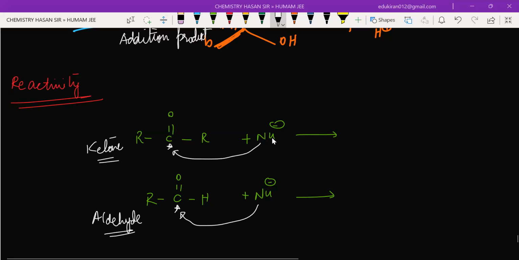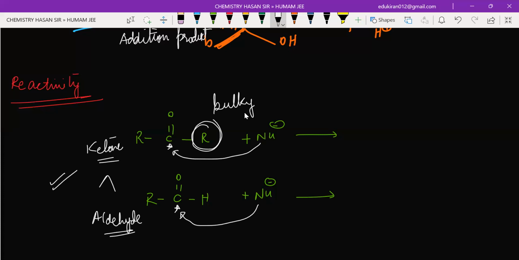So basically, your answer is correct. See, aldehyde will be more reactive than ketone. It is only because R is there, and R is a bulky group, like CH3. With carbon, three hydrogens will be there, and there is only one hydrogen. And on both sides you have bulky groups in a ketone. So when the nucleophile wants to attack, there will be steric hindrance between the alkyl group and the nucleophile.